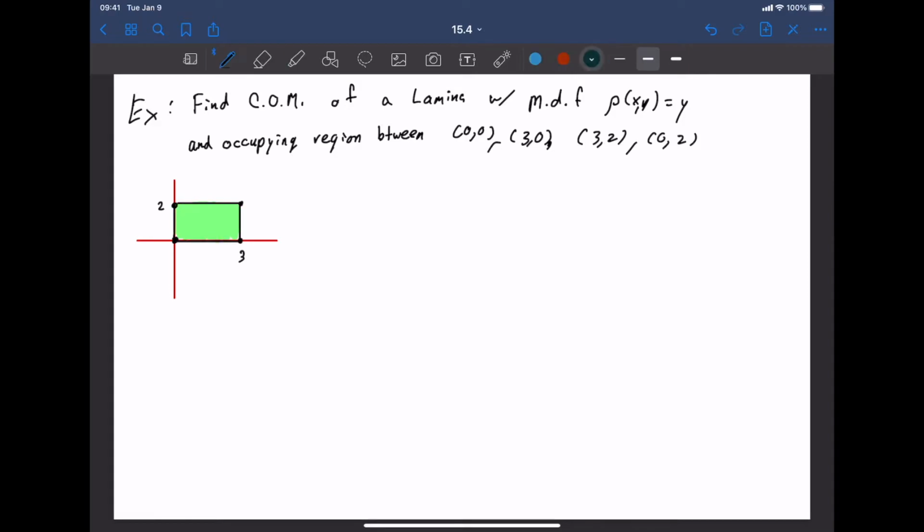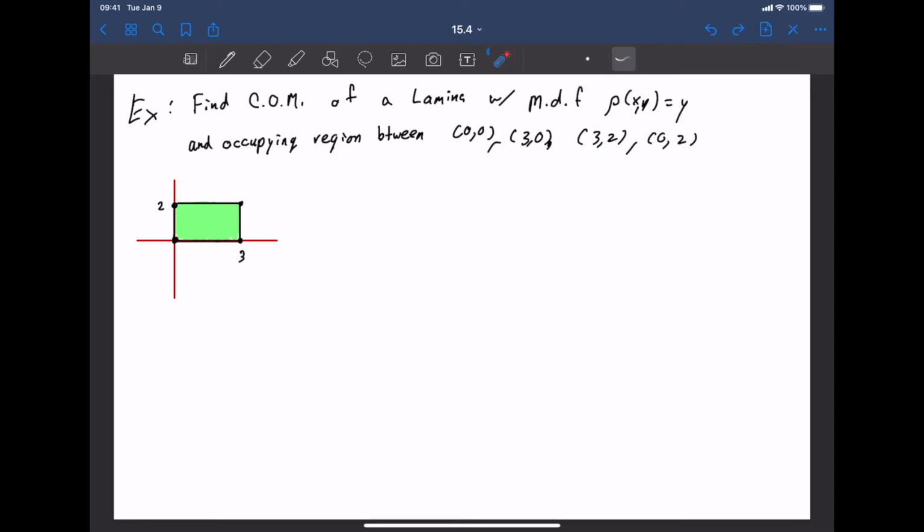Now, before you get going and thinking like, oh, this is easy, it's just right here. That would be true if the mass density was normal, let's say. If this was a normal situation where the mass was just exactly the same at every single point. This function is saying the mass density is not going to behave like that.